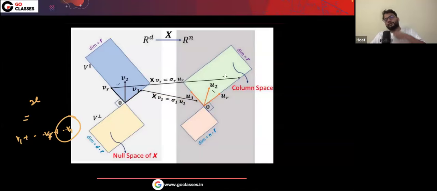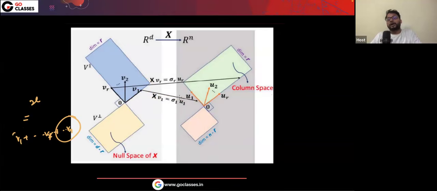So this is a column space. Earlier also we had this diagram, but now you know that you can consider this a matrix A. If you take any vector, first write it in terms of v1 to vn, and then multiply with the matrix, then the first component v1 will become sigma 1 u1, then sigma 2 u2, like this.